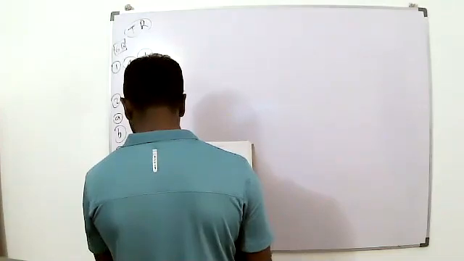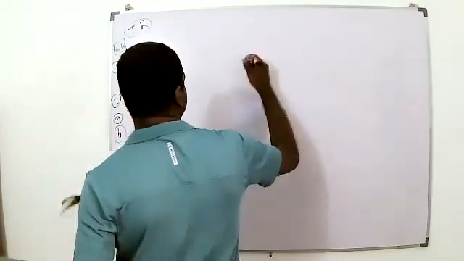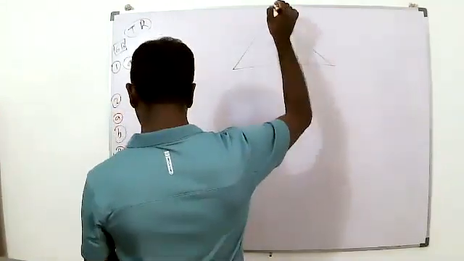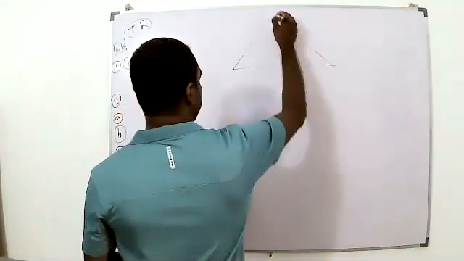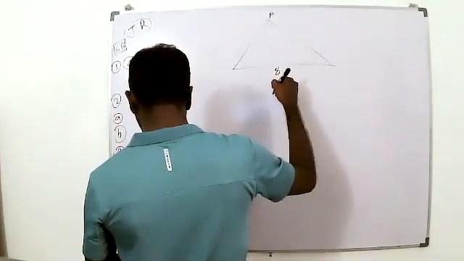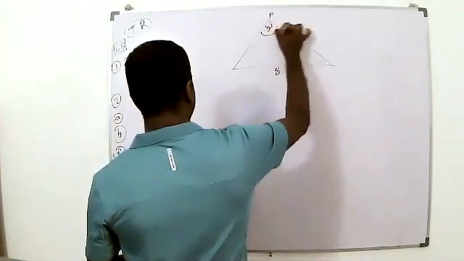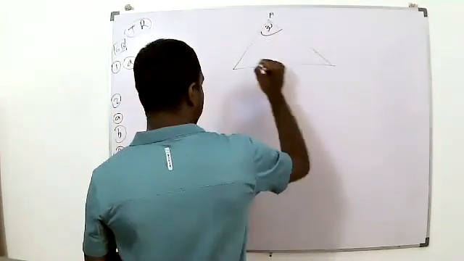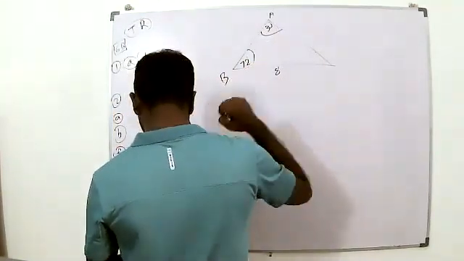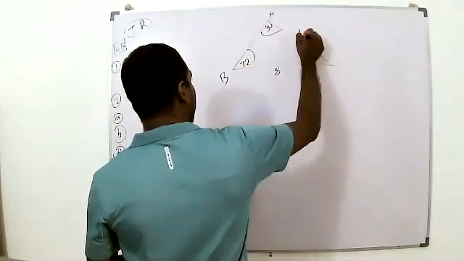Let's take a is 8, and the angle A is 30 degrees, and b is 72. And b, we don't know.